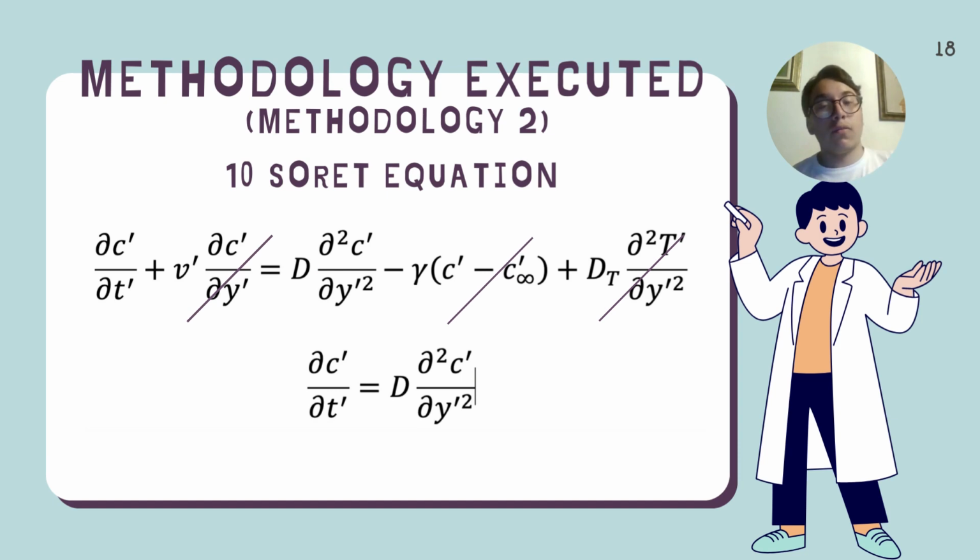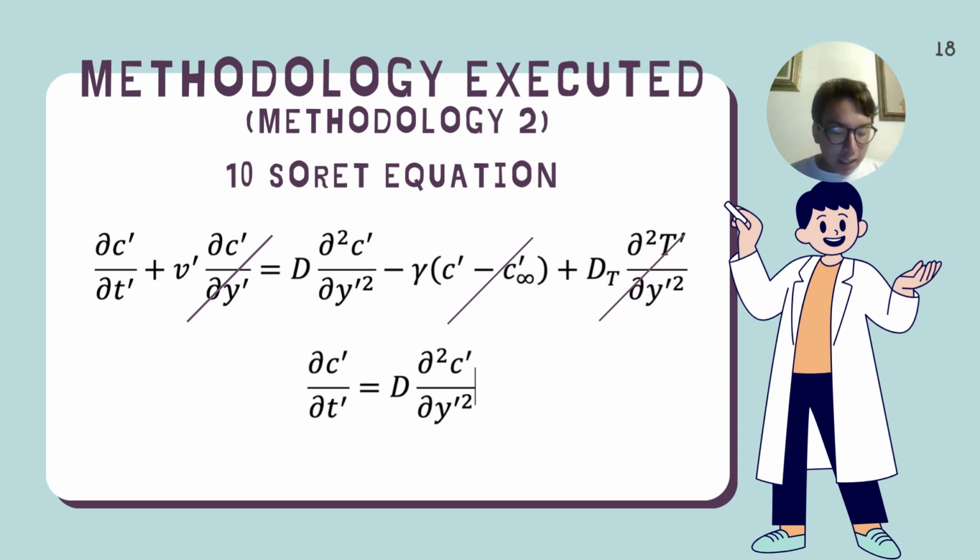Here we now need to use the Sorted equation. Here we can see the whole Sorted equation, but in this case, we need to simplify it. We omit three terms. The first one is the velocity term, which we omit because we assume that the jar is in a steady state.